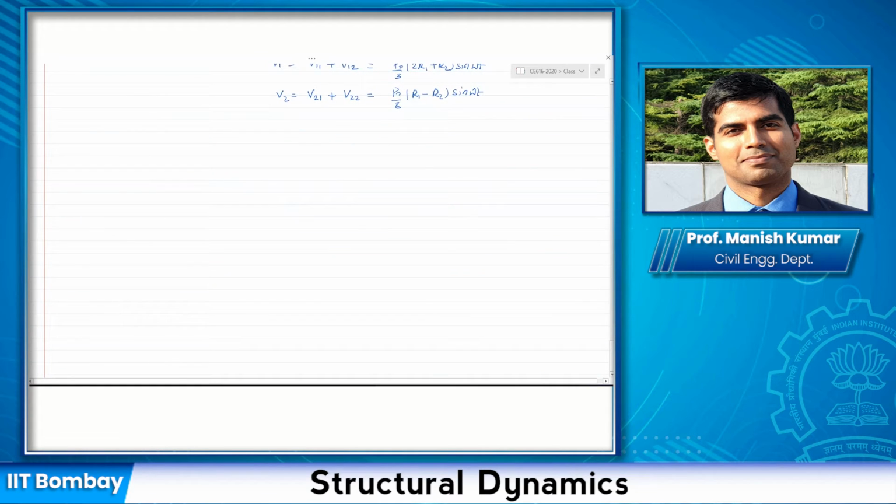We have talked a lot about modal decomposition, basically diagonalization of the mass matrix and diagonalization of the stiffness matrix. Now let us look at the forces. When I apply any force vector to a structure, the force would also distribute itself among different modes.